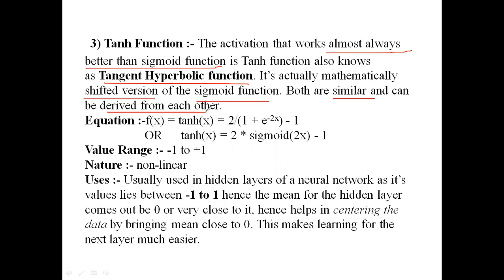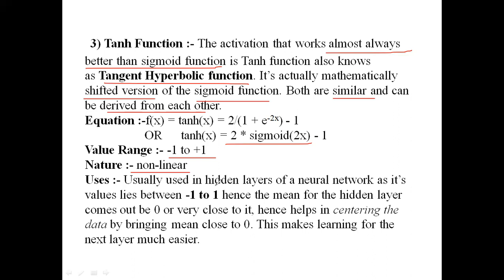If you see the equation of the tan function, tan of x equals 2 by 1 plus e to the power of minus 2x, minus 1, or otherwise you may write it like this also. The output value range of this tan function is minus 1 to plus 1, and it produces nonlinear outputs.